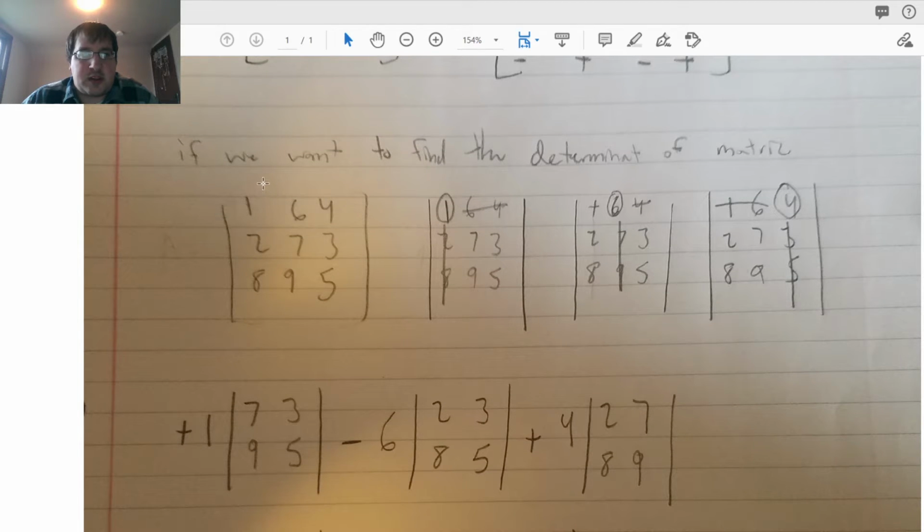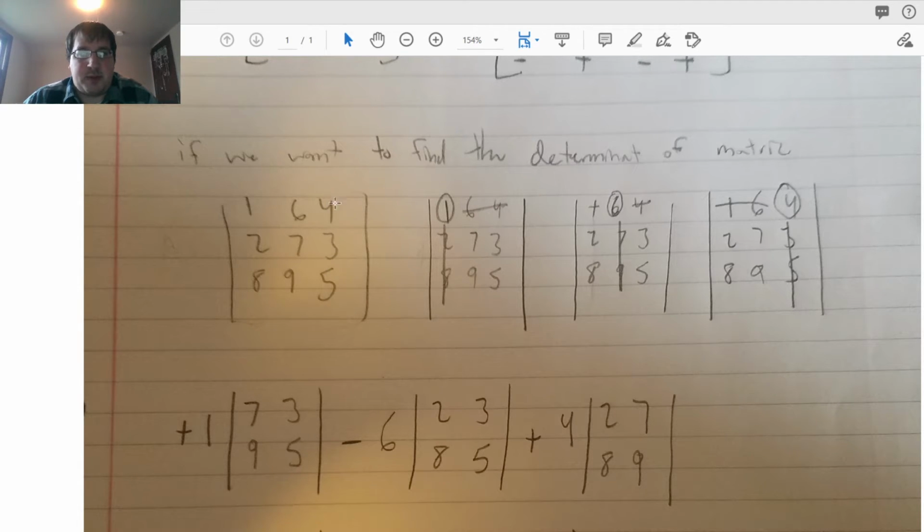And I also want to make it clear that you don't have to actually start with this first entry. Just in this example, they are equally difficult, but let's say in this column we had 0, 0, 2.